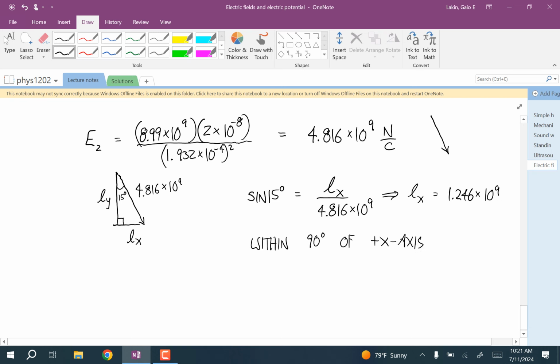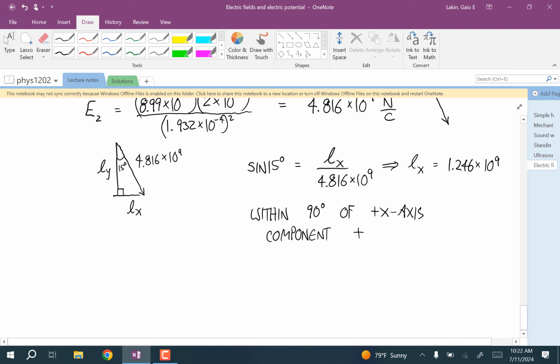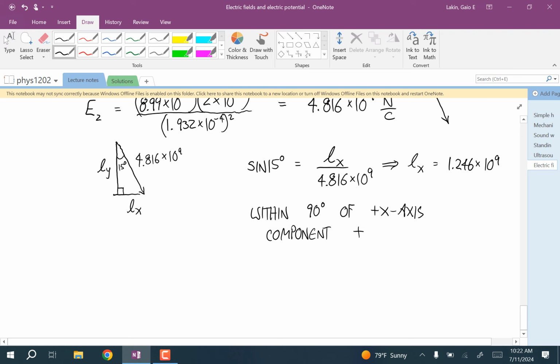Which means that that component is positive. And now we have to calculate Ly. The cosine of 15 degrees is equal to the adjacent over the hypotenuse.